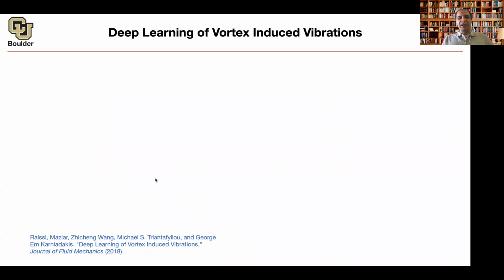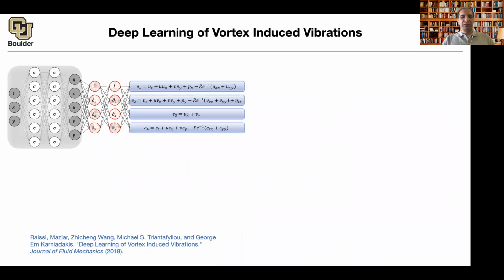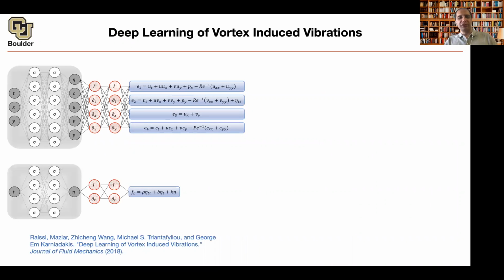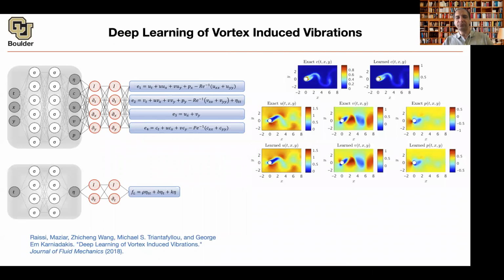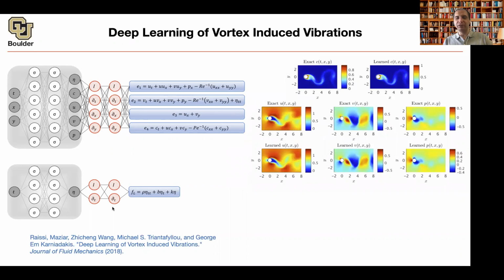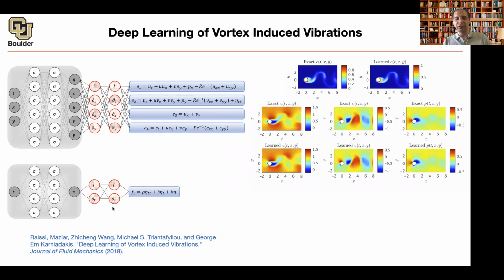So from this point on, I'm going to go a little bit faster through a couple of slides because it's going to be the same framework applied to different problems. One of them is fluid structure interaction. So these are your Navier-Stokes equations. This is your wave equation for your solid.